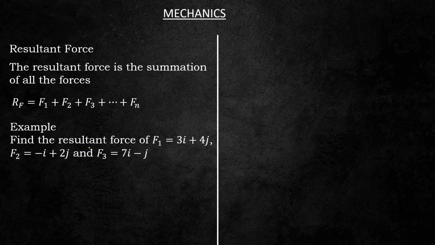And we've been asked to find the resultant. So we have to find the resultant force of force 1, force 2, and force 3. All we need to do in this case is just sum up the three forces.